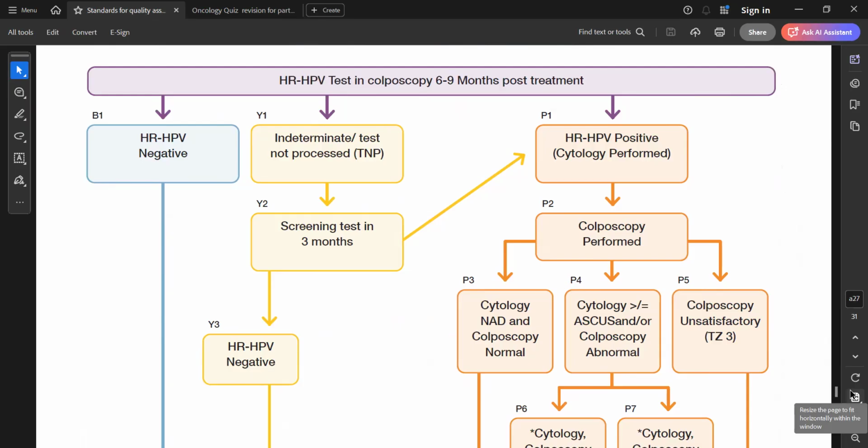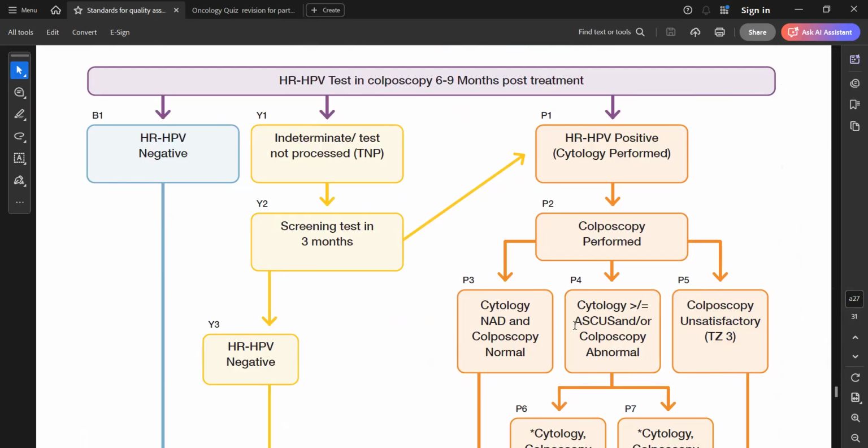In case we have ASCUS, the next appropriate step is colposcopy. And by far, guys, this is the most common cytology result that you are going to see in your life. Many women with positive HPV, when they have their cytology, the pap smear is going to reveal ASCUS.